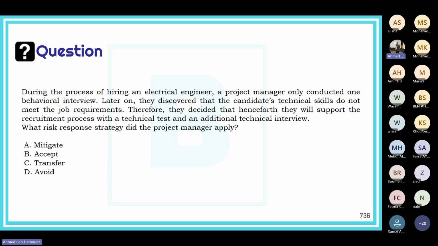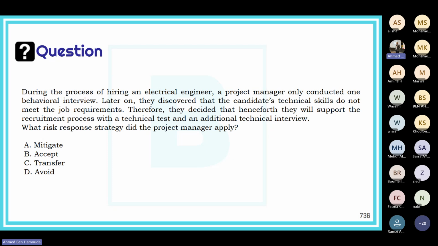So actually, here the project manager did not avoid. They did not decide to stop doing the recruiting by themselves. They did not transfer this. They did not ask somebody else to do the hiring instead of them. And they did not accept. They don't say, okay, you know what, it's fine. Maybe this time I made a mistake, but maybe next time it will be fine, but I will keep the process.